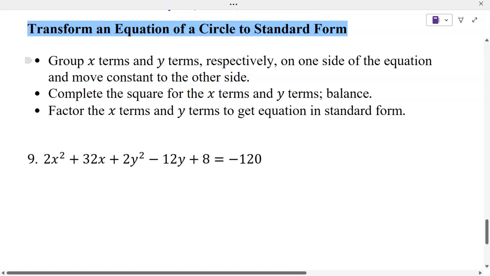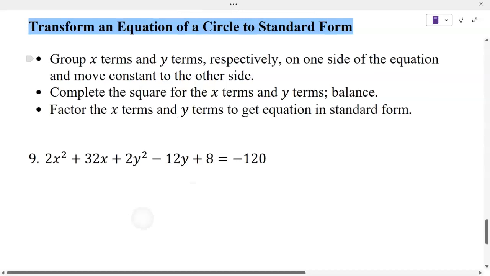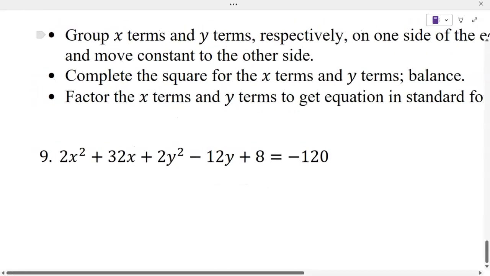The first thing we want to do is group our x terms together and group our y terms together on one side of the equation, and then you move the constants to the other side. And once we've got that set up, we want to complete the square for both the x terms and the y terms, always making sure we're balancing our equations. And then we're going to want to factor so that we can get our equation in standard form.